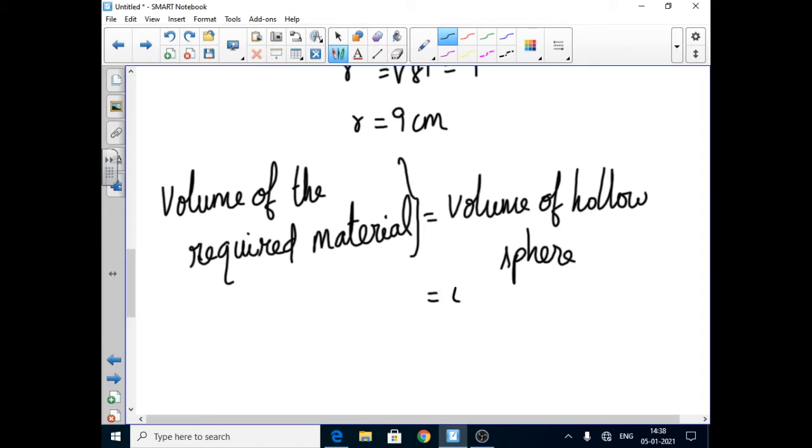So the formula for the volume of a hollow sphere is 4 by 3 pi, and here we write capital R cube minus small r cube, in cubic units.